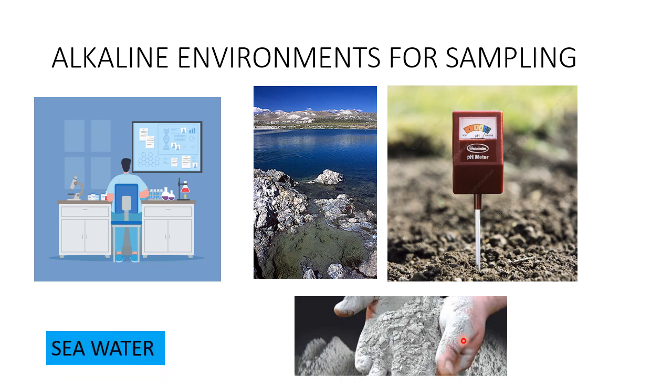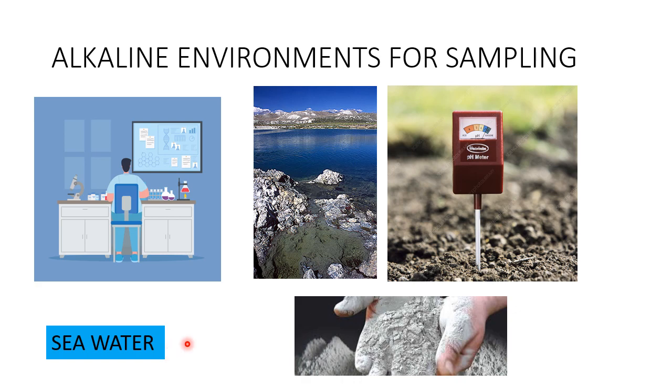Then next is seawater. Another example is Lonar Lake, okay, which is in Buldhana, Maharashtra. So you can go for water samples from seawater or Lonar Lake. Now, what is the difference here? Both of these waters will have some salt present in them with alkaline pH of water.